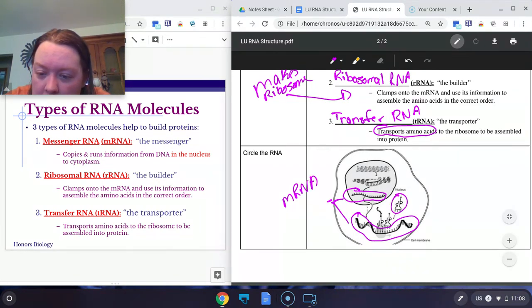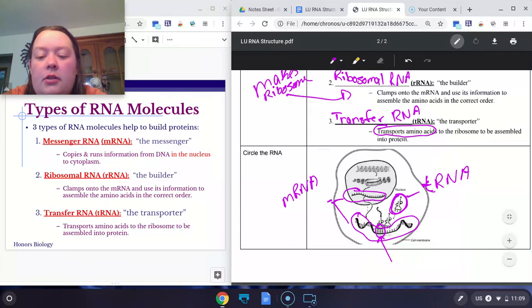The RNAs that read are the tRNAs. tRNAs, they kind of look like the letter T. If you look closely there, it looks like the letter T. And then this one is hard to see. It's this little darker shaded region here that's reading the mRNA. That is called the ribosome, made of rRNA.